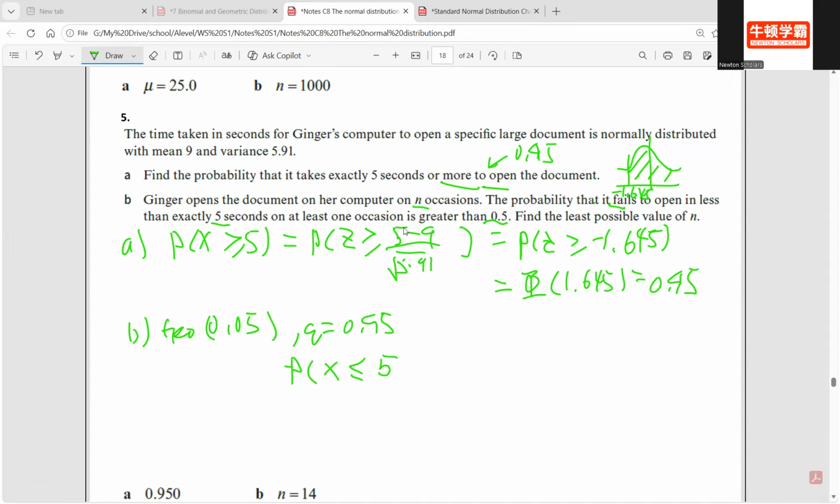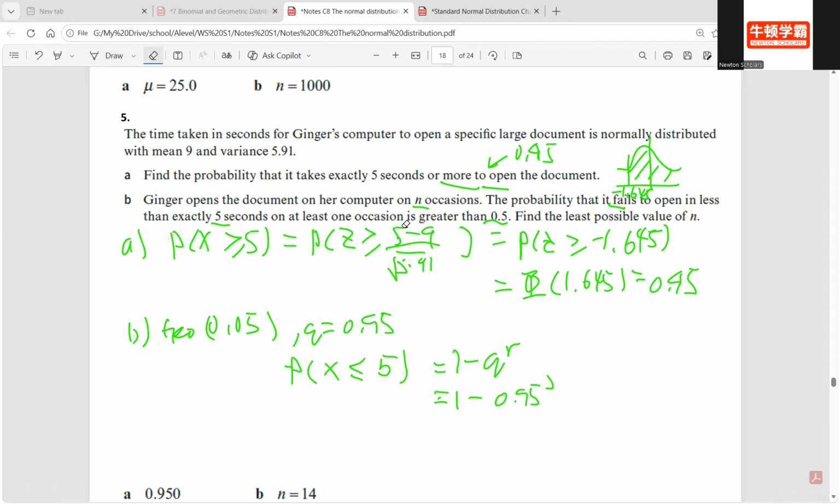When less than, using the geometry formula, it should be 1 minus Q to the power R. So 1 minus 0.95 to the power R. But in this case, actually I don't know what R is. We have to find this R.